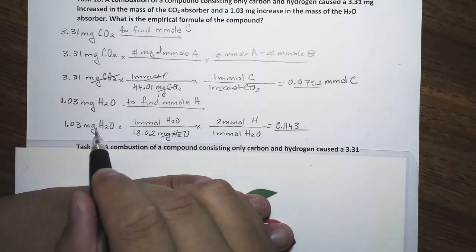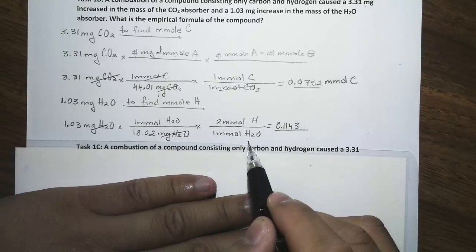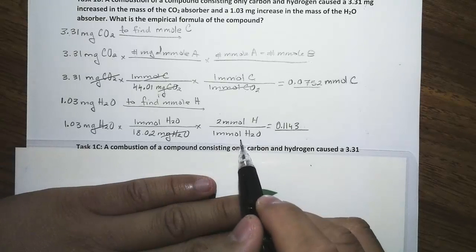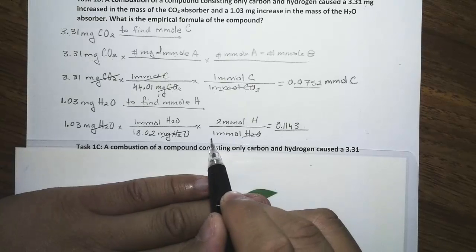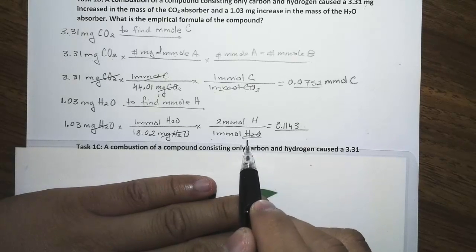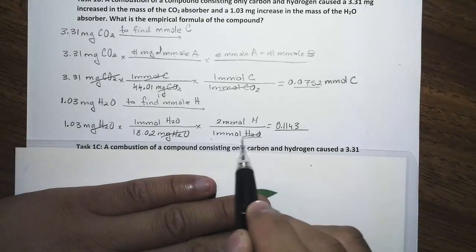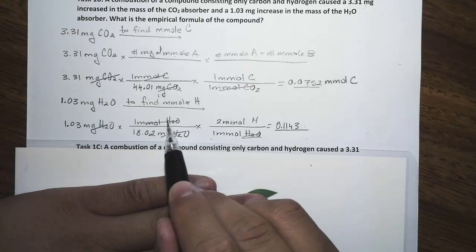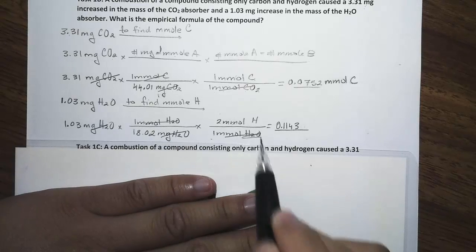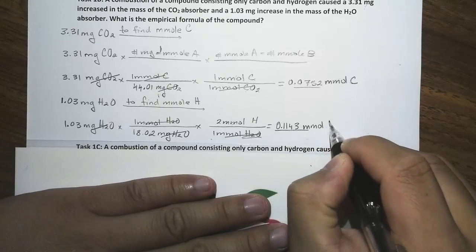And the milligrams of water cancel out. And here we have the conversion factor of the mole to mole ratio. We have millimoles of water. How many? 1 millimole of water. This is 1 water molecule. And in 1 water molecule, we have 2 hydrogen. In this case, 2 millimoles of hydrogen. So the millimoles of water cancel out. Gives us our answer in terms of millimoles of hydrogen.